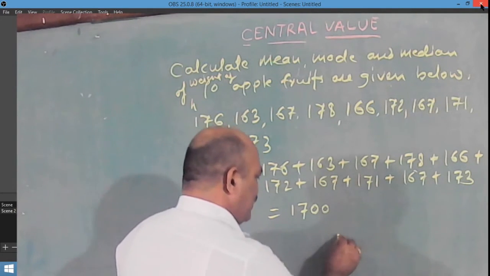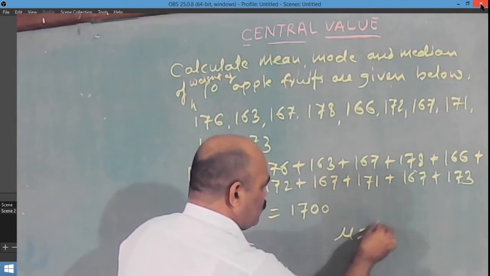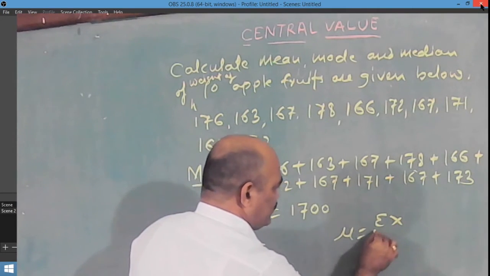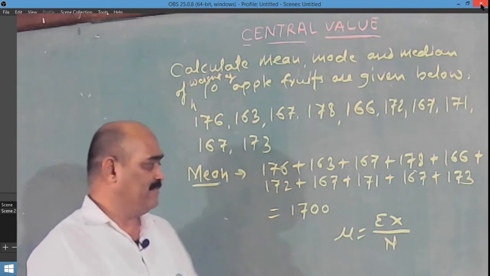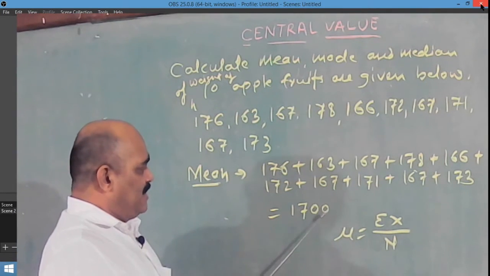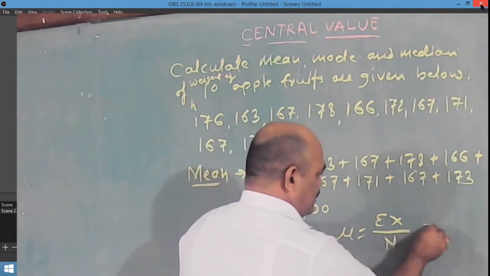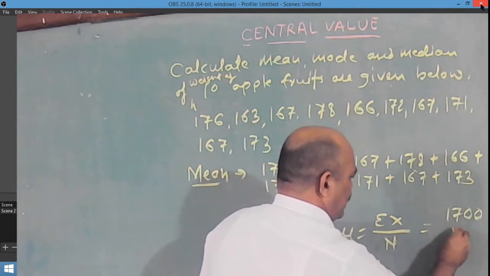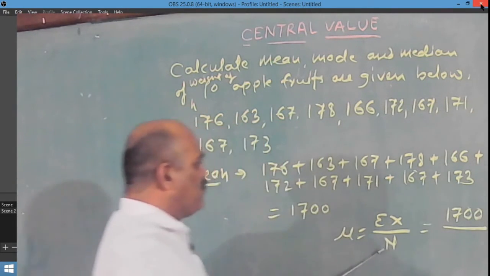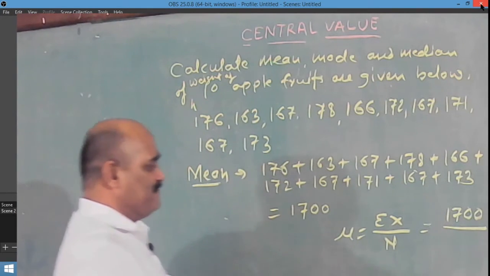Now the formula: mean is equal to the sum of all observations divided by the number of observations. The sum of all observations is 1700, divided by the number of observations, 10.